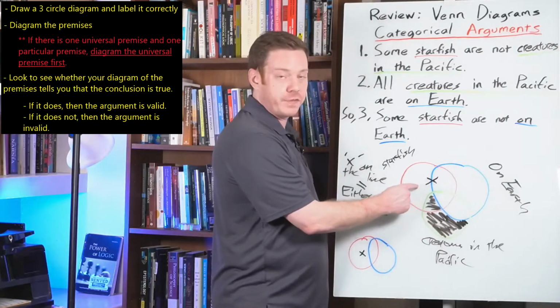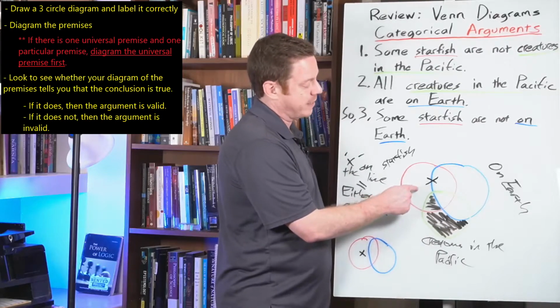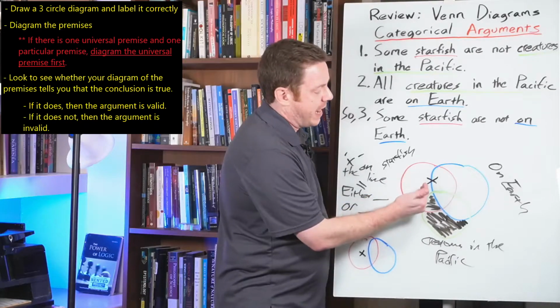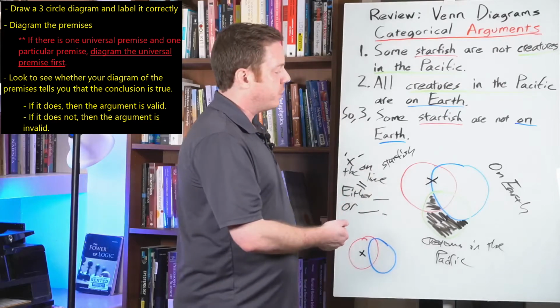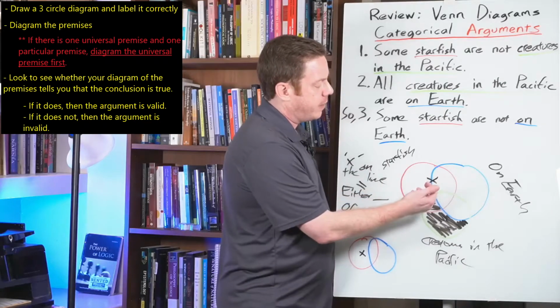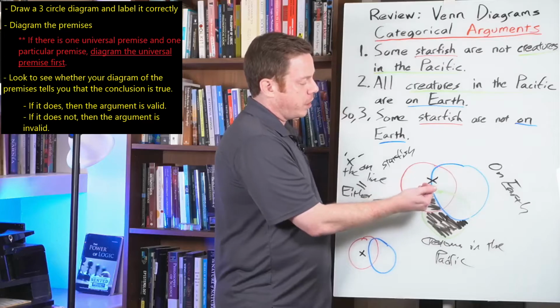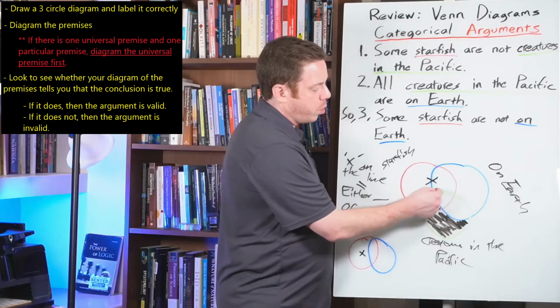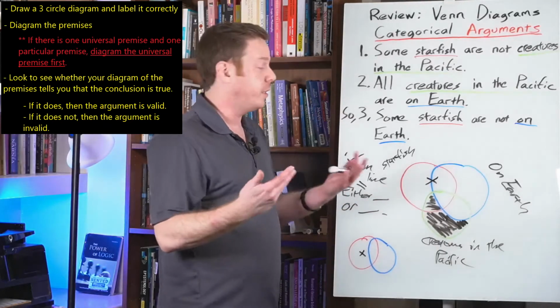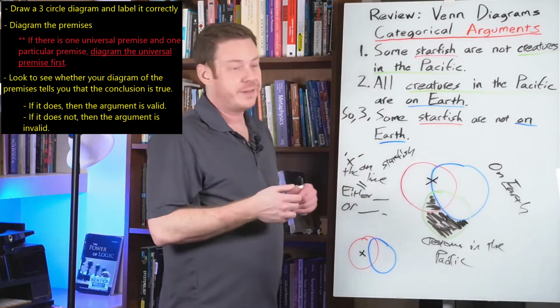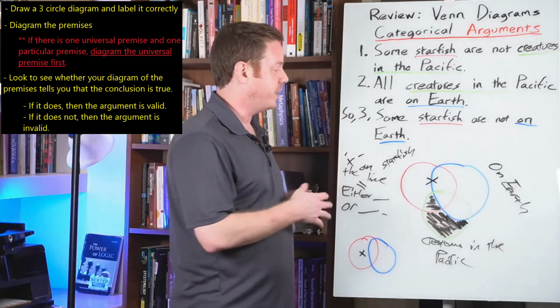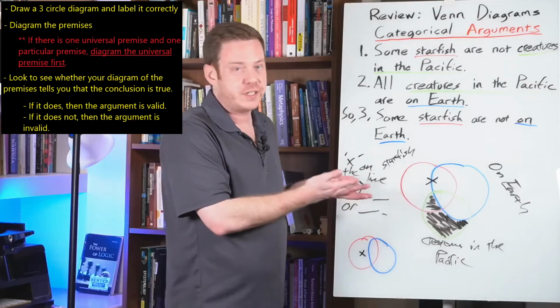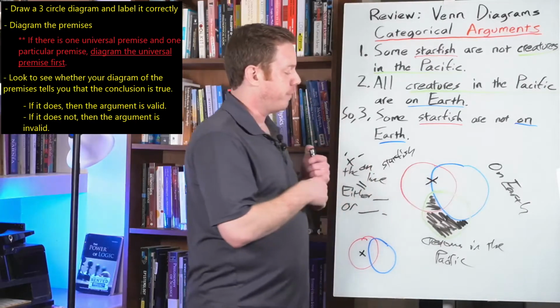It doesn't tell us for sure that there is something that's in red and outside of blue. It just says there's something that's inside of red, and either it's outside of blue or it's inside of blue, or maybe there's one on each side. There's one that's outside, one that's inside. It just doesn't tell us. It doesn't have that much information.